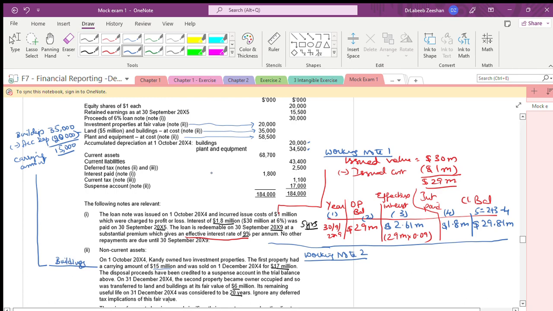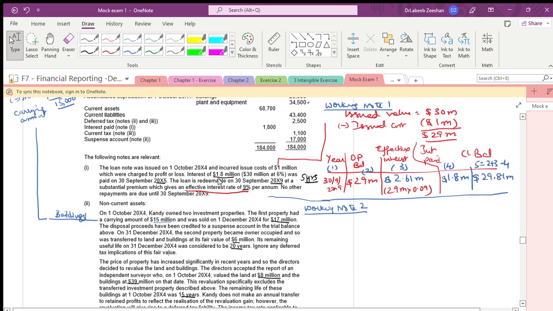The carrying amount is 15 million. 35,000 is the value of the buildings. Land is 5 million and buildings at cost is how much? 35,000. Accumulated depreciation on the buildings is 20,000. Is it 35 minus 20? 15,000. Fine.